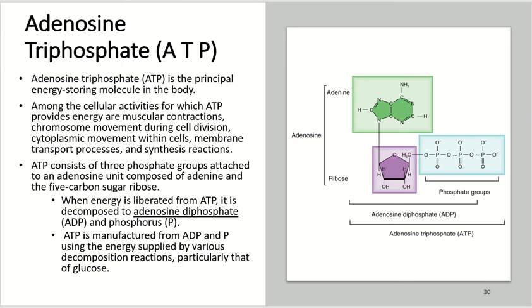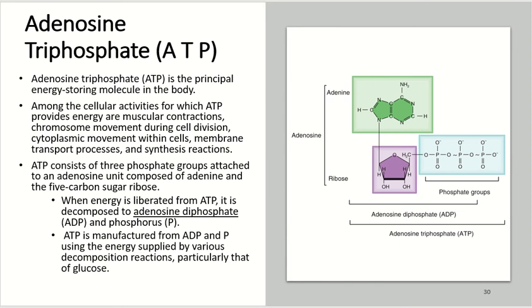So that brings us then to ATP. We've mentioned this a few times throughout the lectures, ATP, adenosine triphosphate. This is our major energy molecule for any kind of biological function. Adenosine triphosphate, aka ATP, is the principal energy storing molecule in the body.